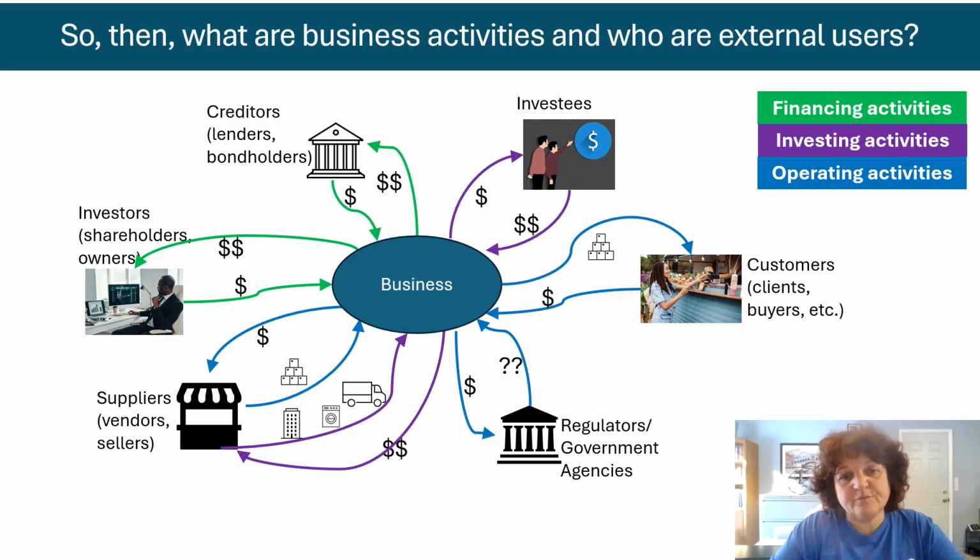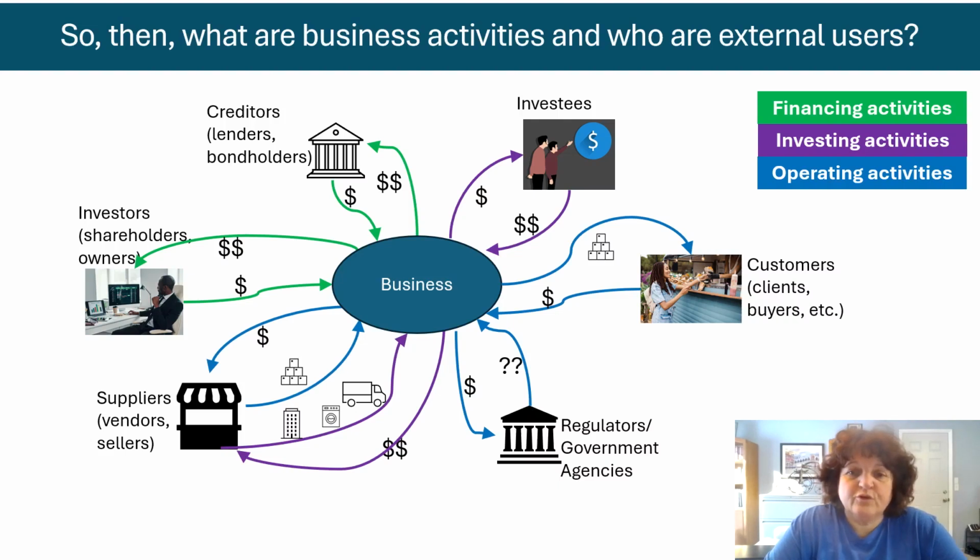Whereas the inventory purchases, advertising purchases, the accounting services purchases, those are happening very frequently, and they're expected to recur very regularly. And so we call those part of our operating activities. They're operating our business on a daily basis. We also pay money to the regulators or government agencies that are part of our operating activities.